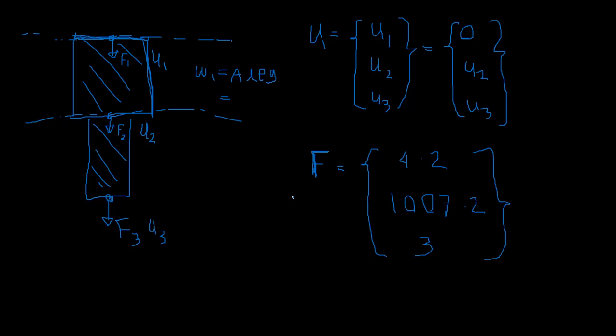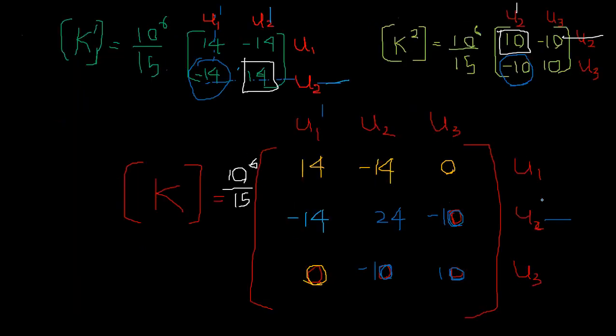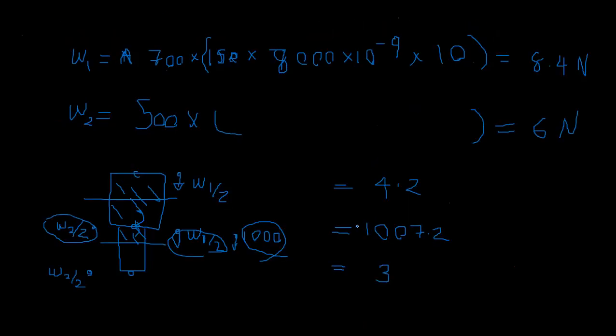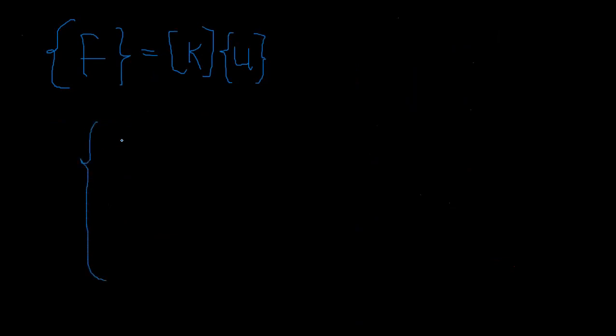Now everything is done. Stiffness matrix is done. So you can write F is equal to K times U, whatever U or D, the displacement matrix, right? So this is going to be 4.2. Make sure the directions are all correct, okay?